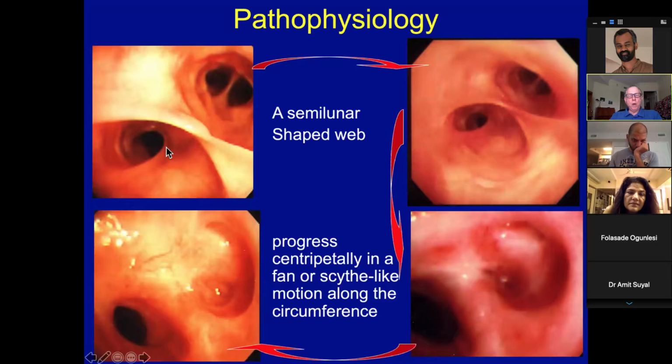And this web forming here becomes larger, and we thought that there may be like a fan type of opening here. So this becomes narrower and narrower as the obliteration progresses. Then when it becomes really progressive, you remain with this little umbilicus here, which then persists to become a complete obliteration. And we thought that this progresses centripetally, as a fan or scythe-like motion along the circumference of the bronchial lumen.